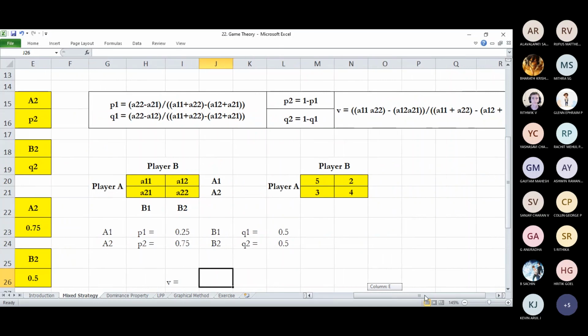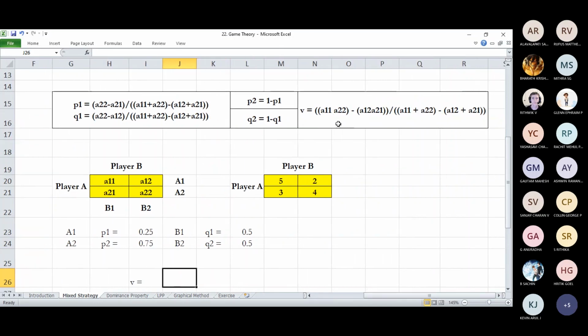Here is the formula. It has two terms in the numerator: A11 into A22, minus A12 into A21.